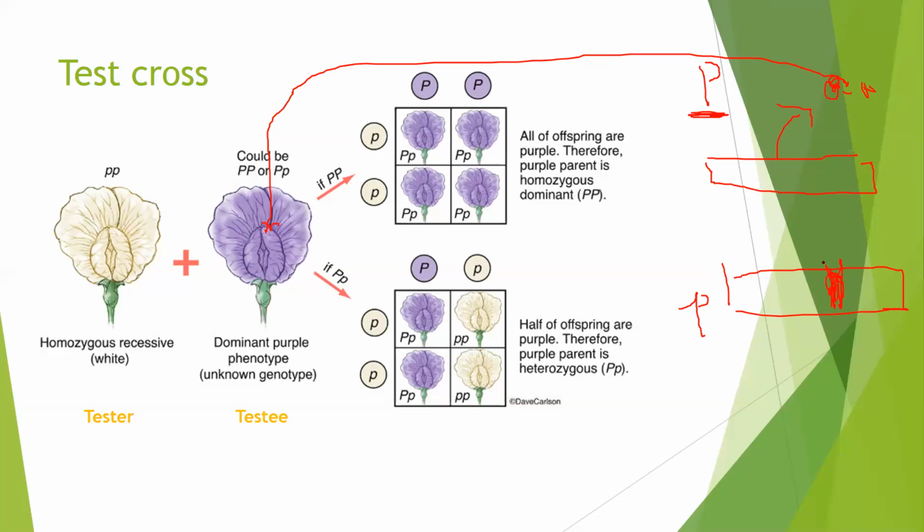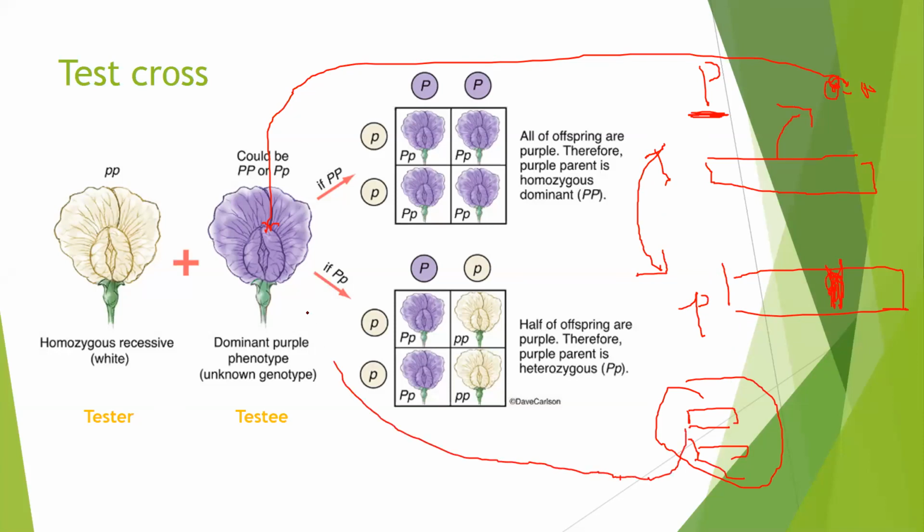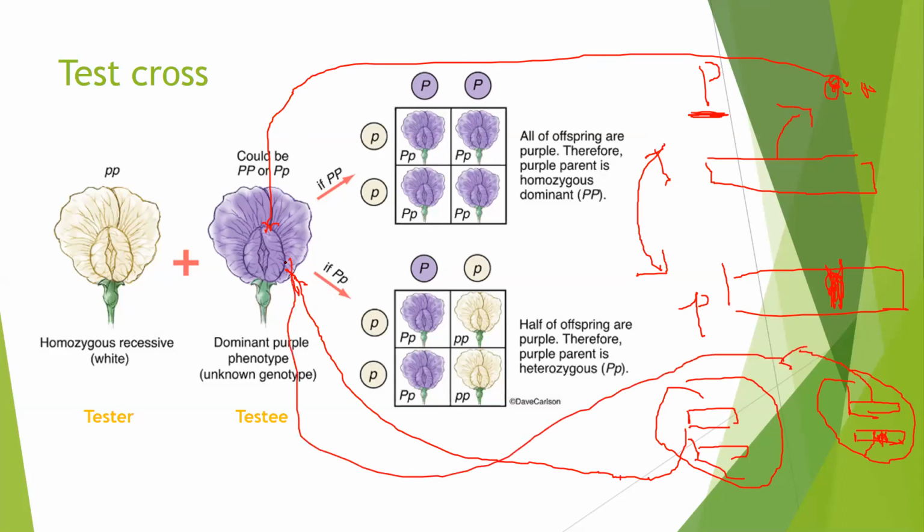This cannot produce the purple pigment. This is the difference between these two alleles. So if an individual has 2 big P, the wild type, there's no problem. It can produce the pigment for the flower, right? If an individual has a big P and a small p, it is still okay, because even though this allele is non-functional, this one can produce enough pigment to show the color for the flower. So that's still good.